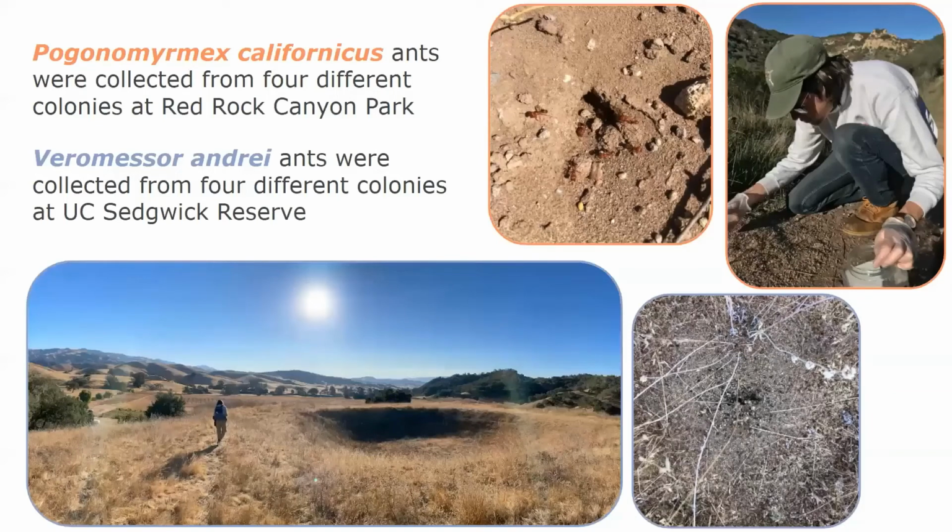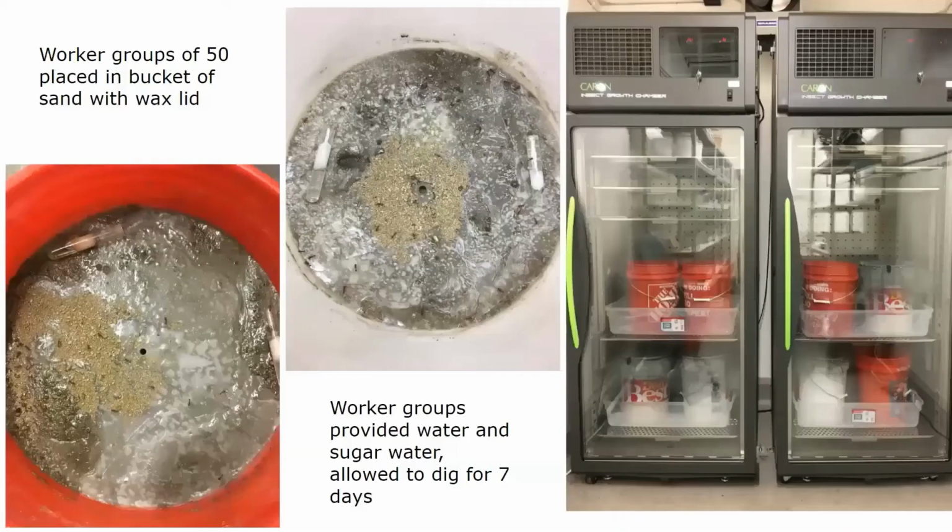So to address these questions, we went out and collected ants. I collected Pogonomyrmex californicus workers from the Red Rock Canyon Park, and Eva collected Veromessor andrei workers from the UC Sedgwick Reserve. Both of these sites here in Southern California.